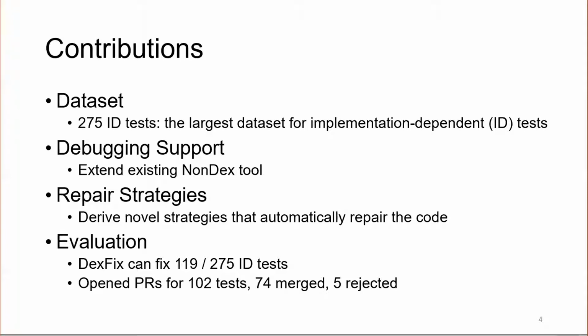Moreover, we derive novel strategies that can help to automatically repair the code exercised by ID tests. Lastly, we apply the DexFix technique on 275 tests, and we find that DexFix can propose fixes for 119 tests. Inspired by the fixes proposed by DexFix, we have opened GitHub pull requests for 102 tests, and 74 have been merged with only 5 rejected and the remaining still pending.